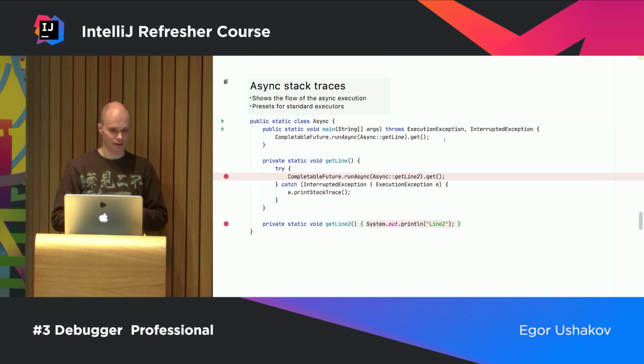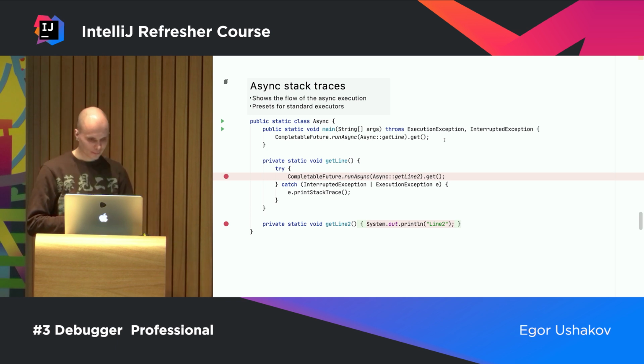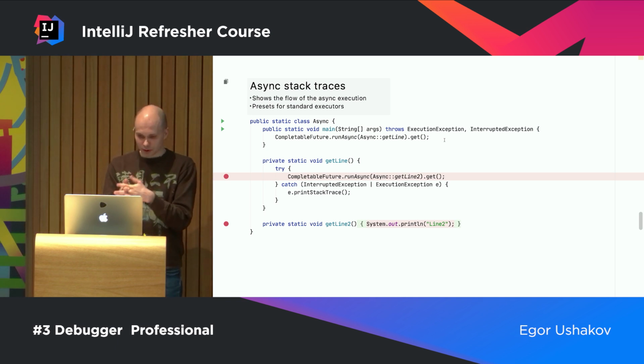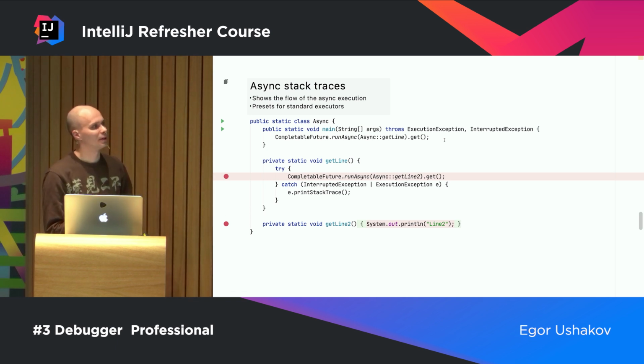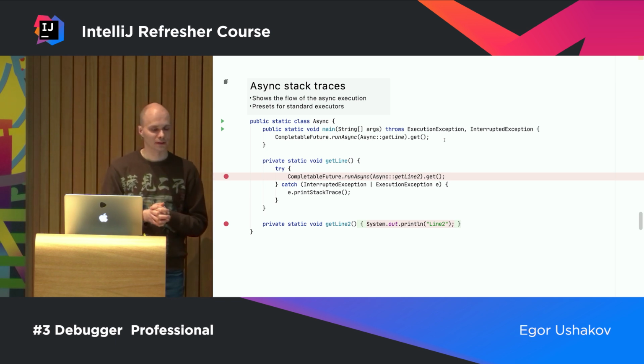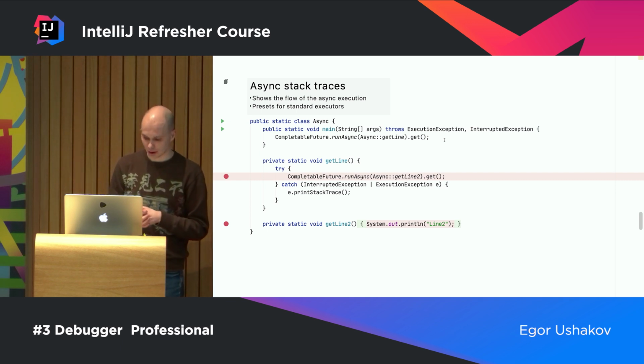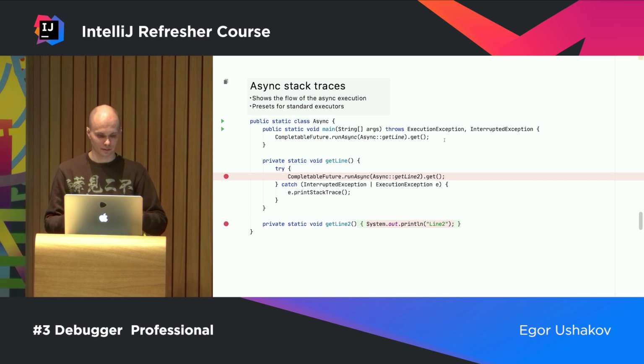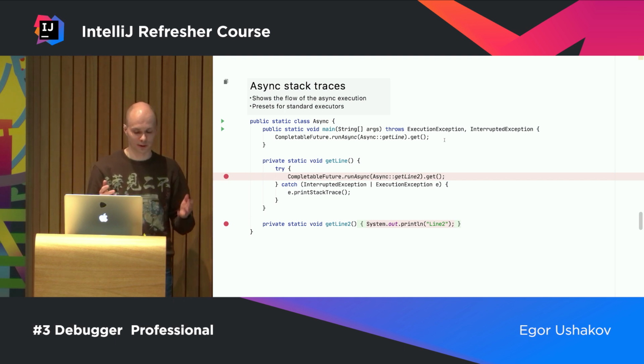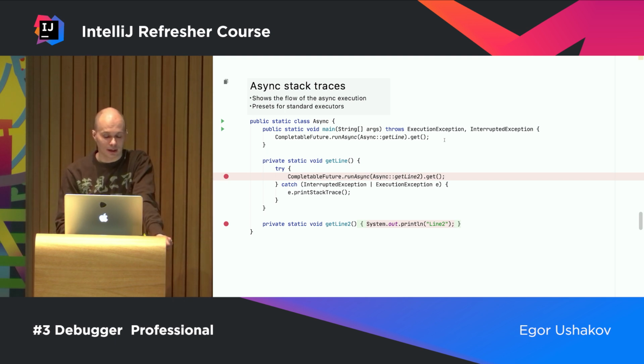Async stack traces. So in the modern world, with many threads and cores, and when people are really interested in making their hardware hardworking, sometimes it's really hard to debug code written in the async way.